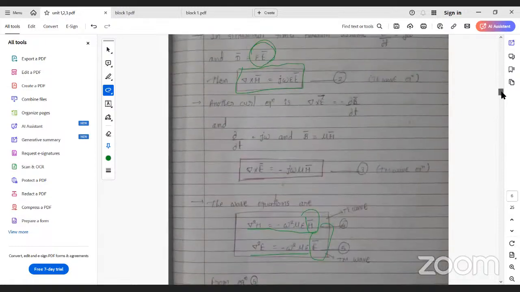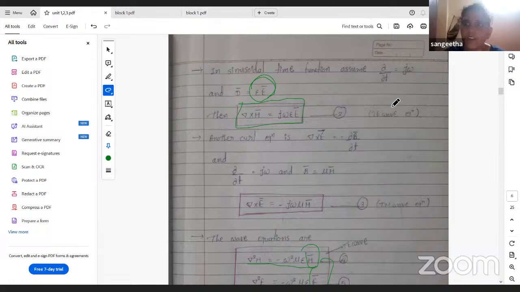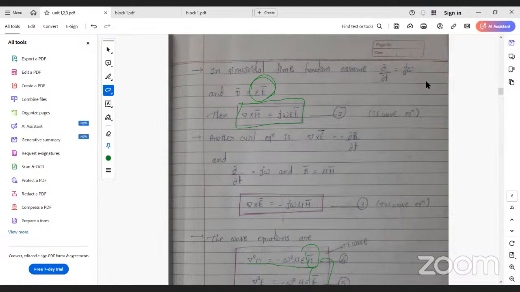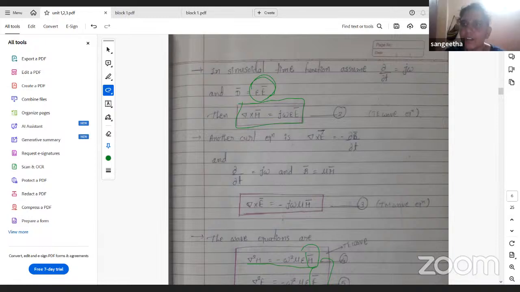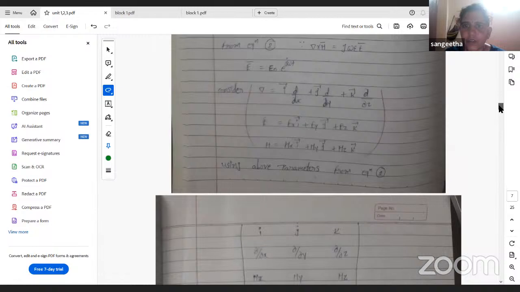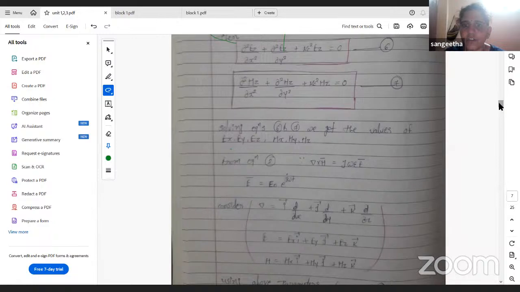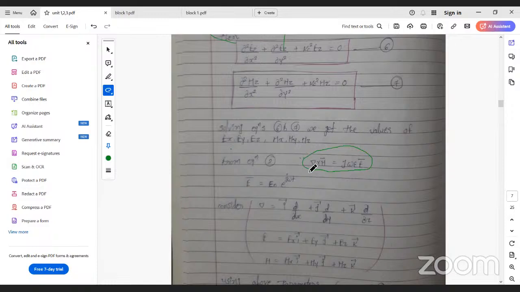What is equation 2? Del cross H equals j omega epsilon E. From equation 2, using the above parameters, substituting in equation 2.